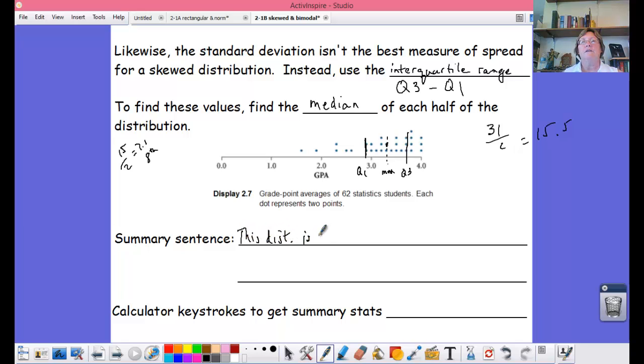is skewed, and I hope we're remembering the skewedness is the direction that it's stretching.